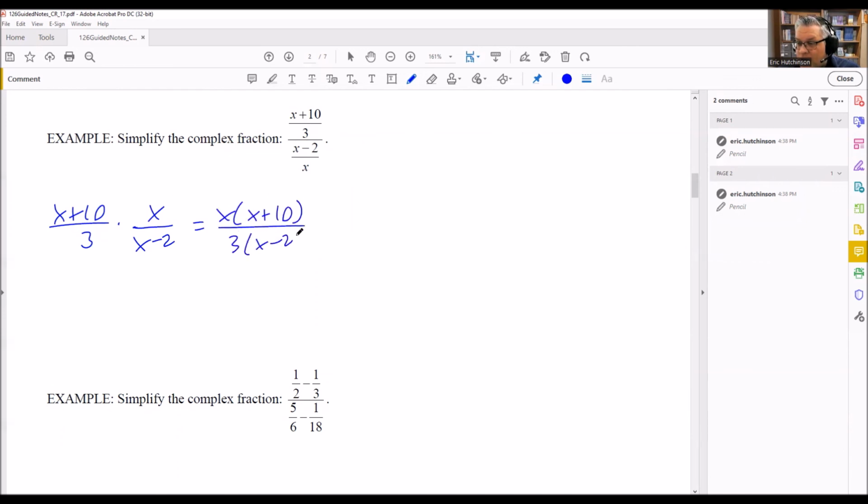And we get this here, but nothing actually reduces. I'm not allowed to reduce this 10 and negative 2 because they're inside parentheses and we've got plus and minus signs that prevent us from doing that. So actually, that would be as far as you can go. That would be your final reduced answer.